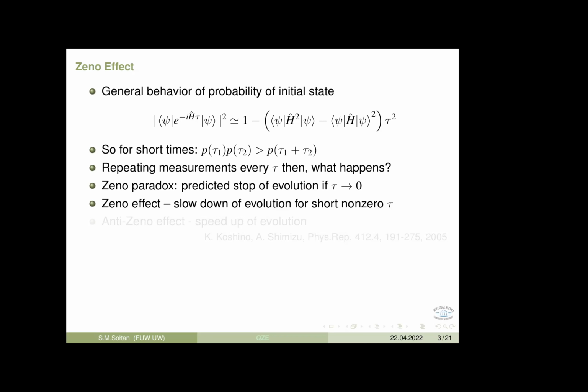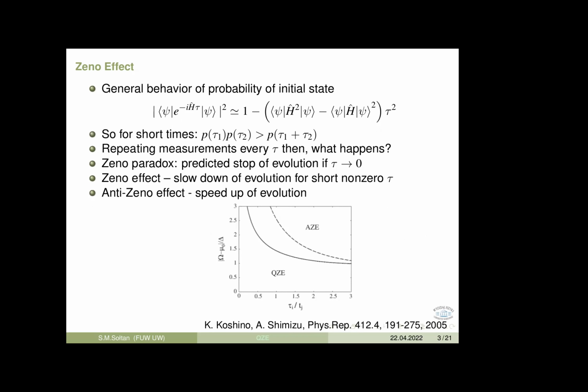But the actual Zeno effect, the slowdown of evolution for some non-zero but short times between repeated measurements, is definitely physical. And as I mentioned, there is also an anti-Zeno effect. For some quantum systems, if we take short times but not too short, so as to avoid the quantum Zeno effect, we may observe that the repeated measurements actually speed up the evolution.